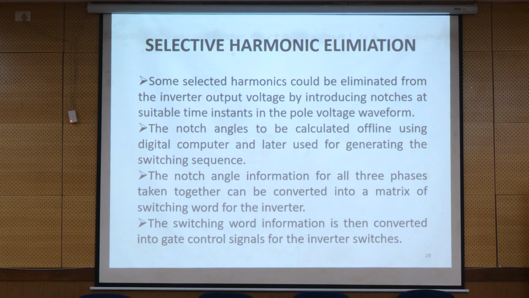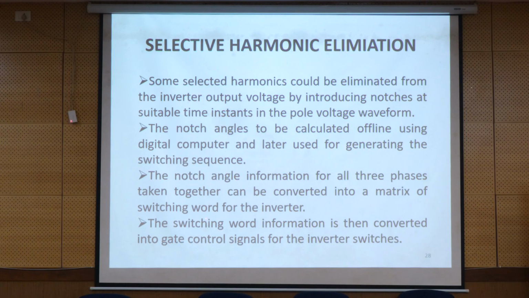The fundamental component alone contributes towards your output voltage, and the rest of the harmonics are kinds of disturbances that are not contributing factors to your output voltage.